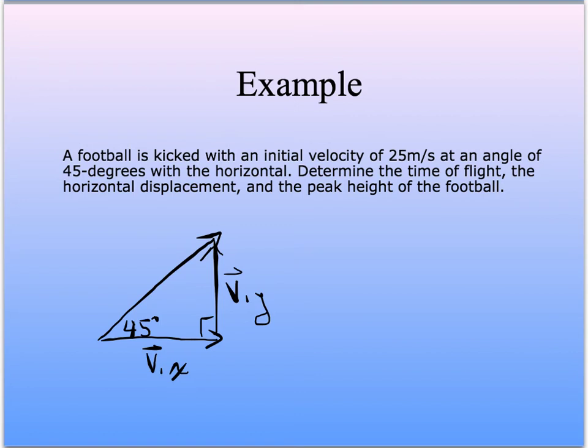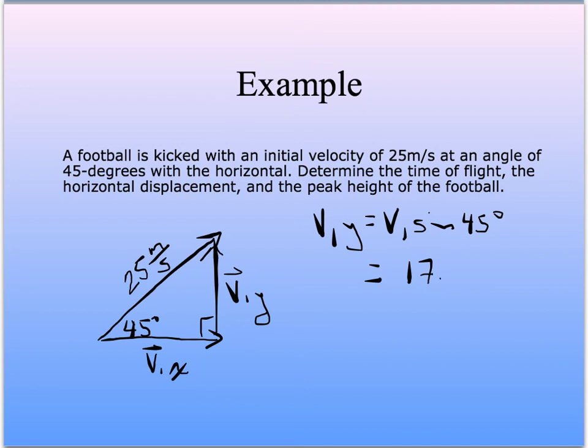And as we discussed before, v1y will equal v1 times the sine of theta, which in this case is 45. Our initial velocity is 25 meters per second. And so v1y will equal 17.68 meters per second up.